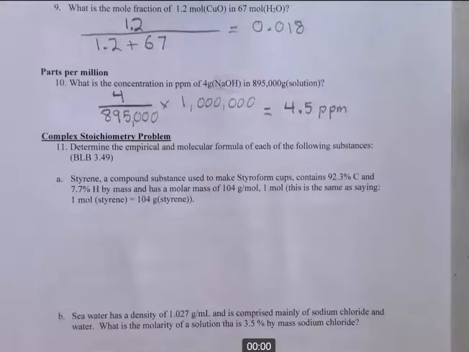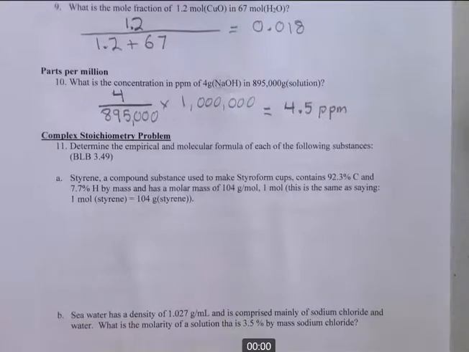So one thing you can see by that is those are the only two elements in it, because 92.3 plus 7.7 adds up to 100%. So you don't have anything other than those two. And it has a molar mass of 104 grams per mole. So that means 1 mole of styrene equals 104 grams of styrene. That's the way we'd write it in the way we've done it.